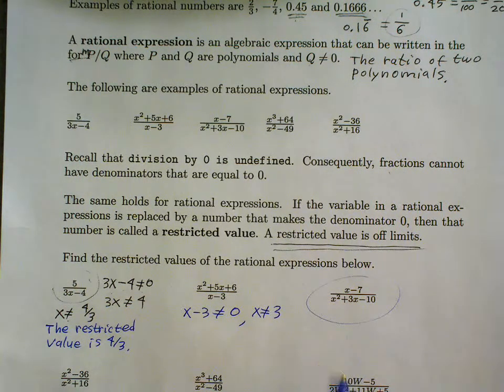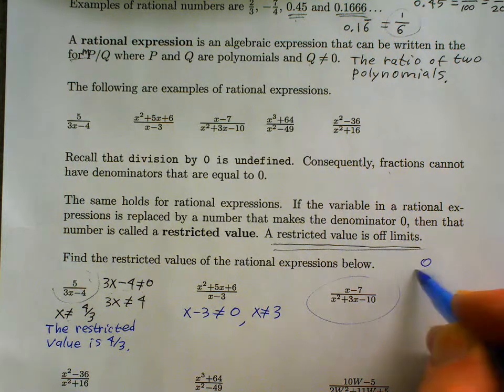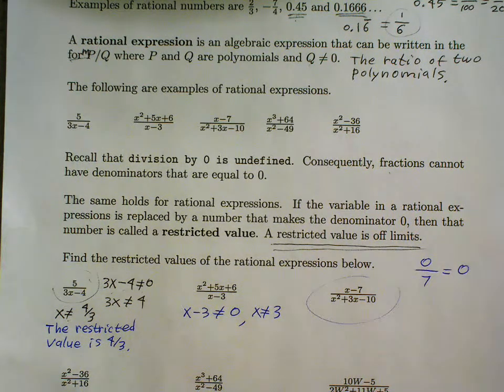So in answer to the question on YouTube, a numerator can be 0 because 0 is a number. So for example, 0 divided by 7 is still 0. That is a perfectly fine number.